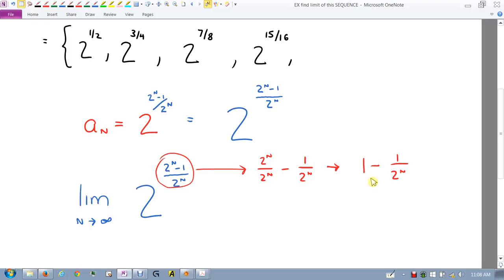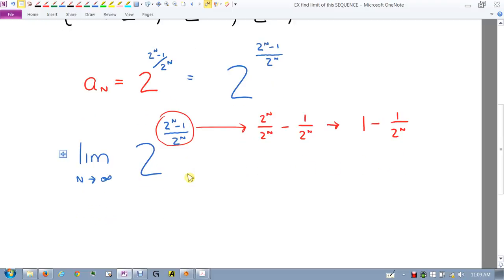And what happens to this as n goes to infinity? You just get, this is 1 over infinity, that's 0, and you just get 1. So this whole exponent is turning into 1 as you go to infinity. So the limit is what? 2. The limit is 2.